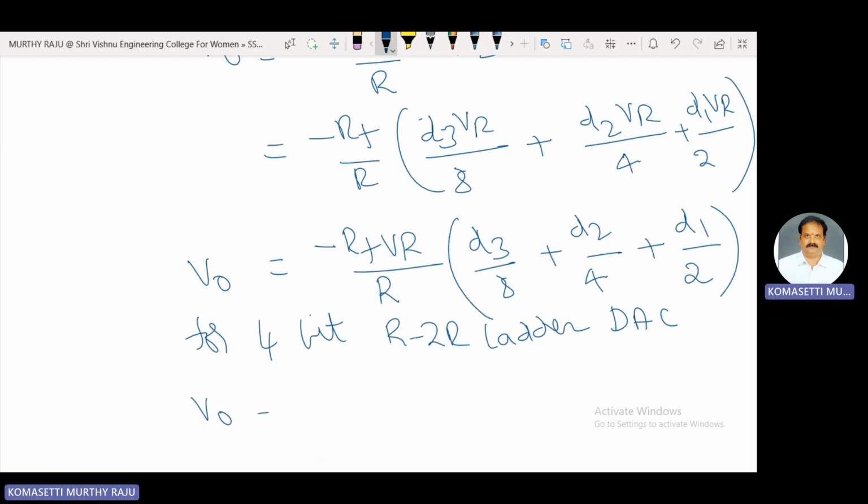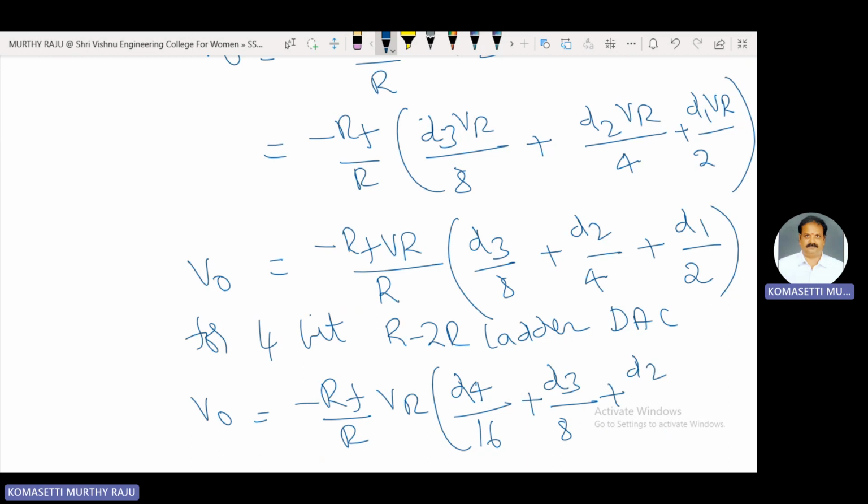V0 is equal to minus RF by R into VR times D4 by 16 (2 power 4) plus D3 by 8 plus D2 by 4 plus D1 by 2.